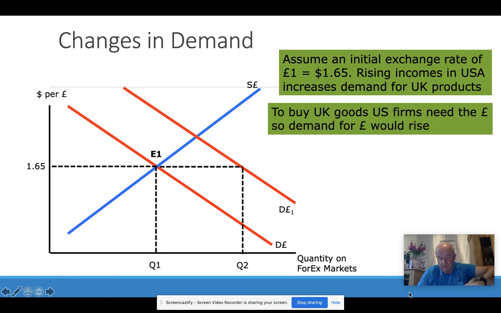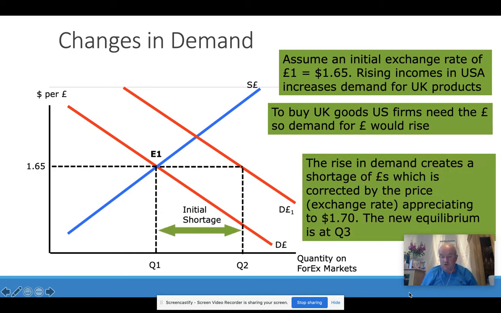If that happens, then the US firms are going to need to buy more pounds in order to convert their dollars into pounds and then buy our goods. That would cause the demand for our pounds to rise as a result. So demand for pounds would move from D pound to D pound 1, or D sterling 1, so essentially move out to the right.